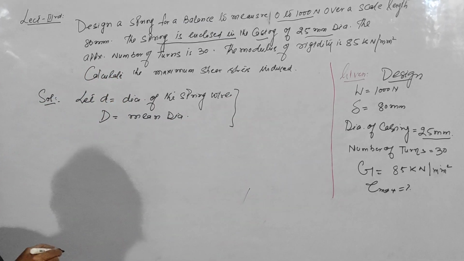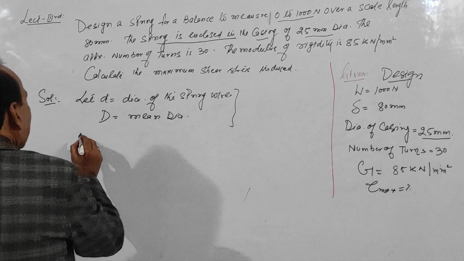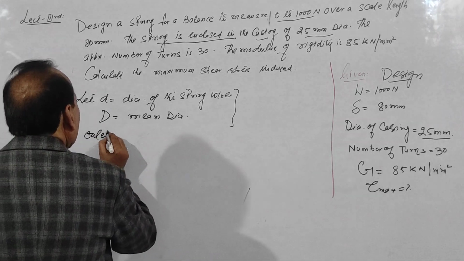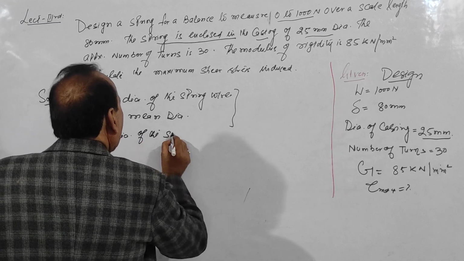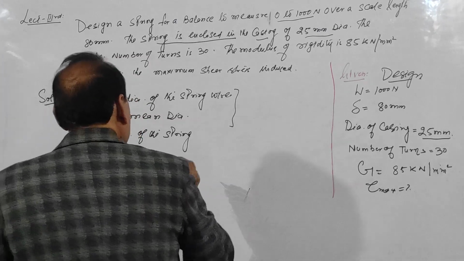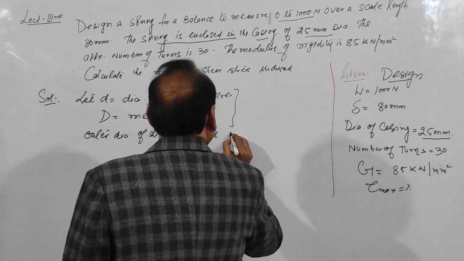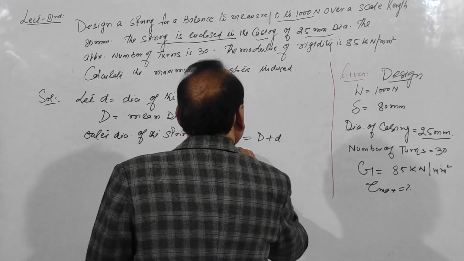ये दो चीजें हमें डिजाइन करना है, राइट। So outer diameter of the spring coil, आउटर जो डायमीटर है आपका स्प्रिंग काइल का, the outer diameter of the spring coil, this is D naught, this is equal to D plus d, right?